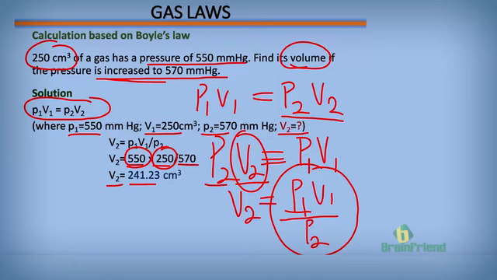So you see that this volume is less than the volume we had at the start of the experiment. So this is a calculation based on Boyle's law. And remember, in the calculation you may be asked to find final pressure, initial pressure, or initial volume, as the case may be.